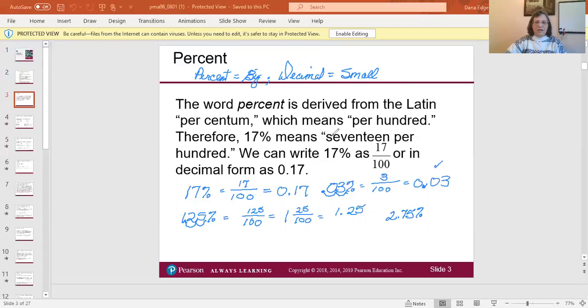If it's a percent, make absolutely certain you put the percent sign there so that you can tell. So if we're changing this from a percent to a decimal, we're making it into a small number. To make it a small number, we have to move it this direction. So this would equal 0.0275 in decimal form. Remember, it's less than 10%, so it's going to have a 0 between the decimal and the non-zero digits.